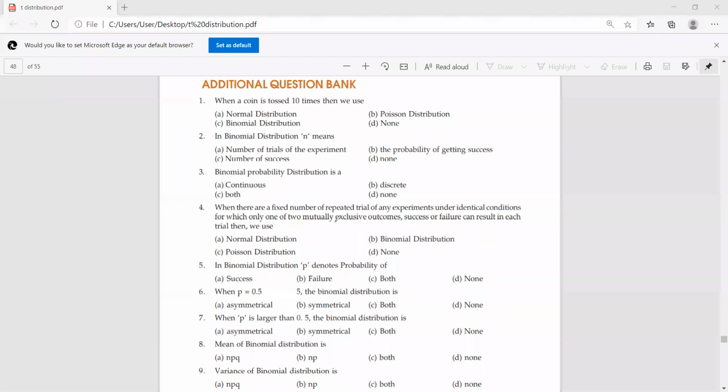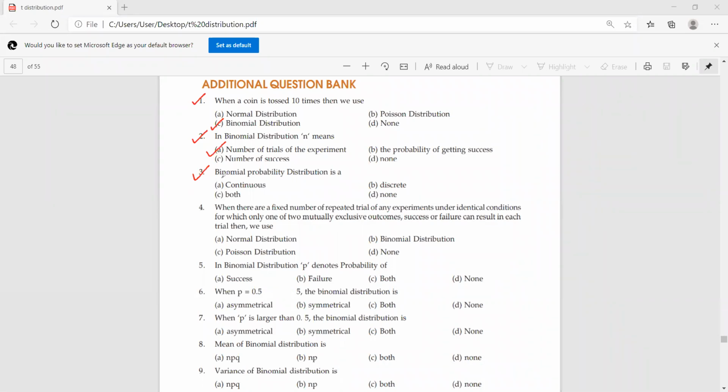Let's quickly solve these questions. When a coin is tossed 10 times, which distribution do we use? Binomial. In binomial distribution, what is the meaning of n? Number of trials.